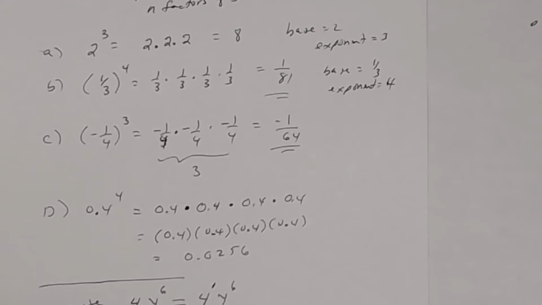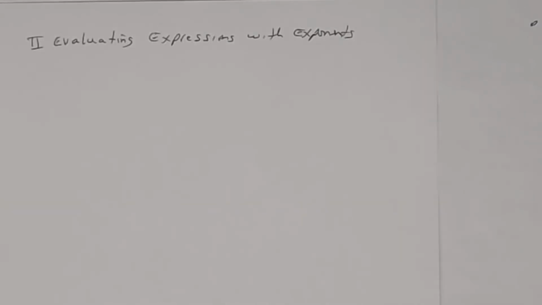Now, the other thing you need to know is this. You need to know how to evaluate expressions with exponents. Okay, so evaluating expressions with exponents. As we go through these topics, it's very important you listen carefully to the notation and words that will follow.